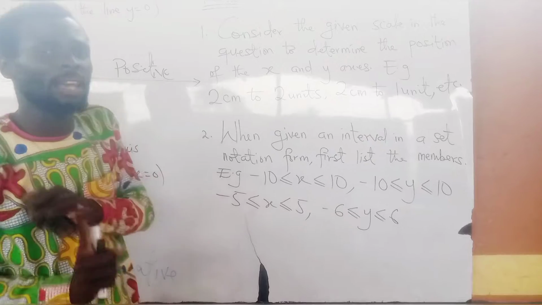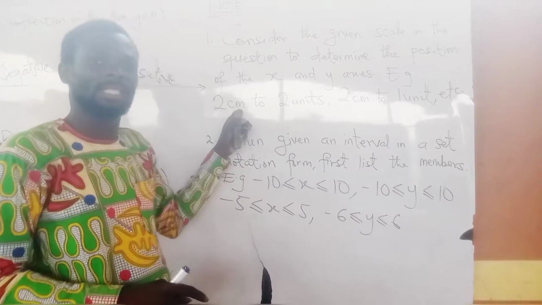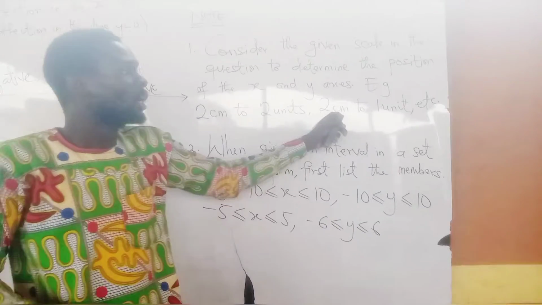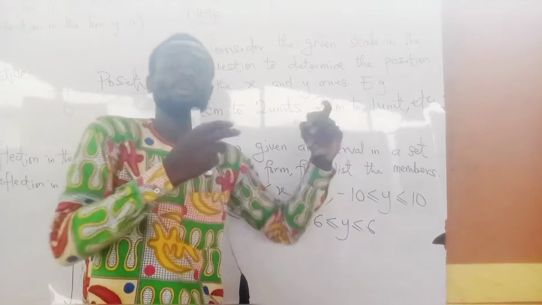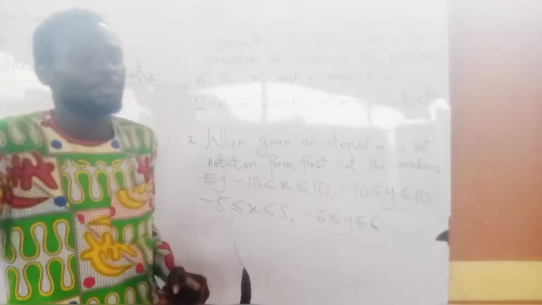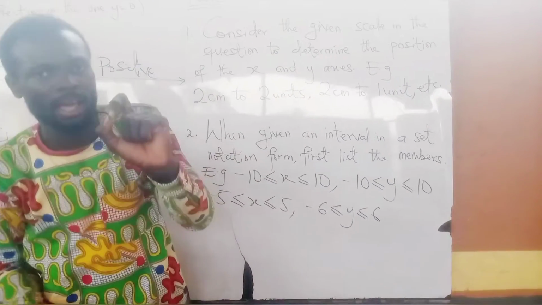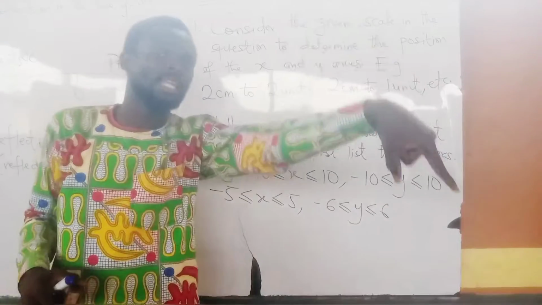The scale could be given in 2 centimeters to 2 units, or 2 centimeters to 1 unit. Some could be 2 centimeters to 5 units. So we have to always consider the scale that has been given in the question.